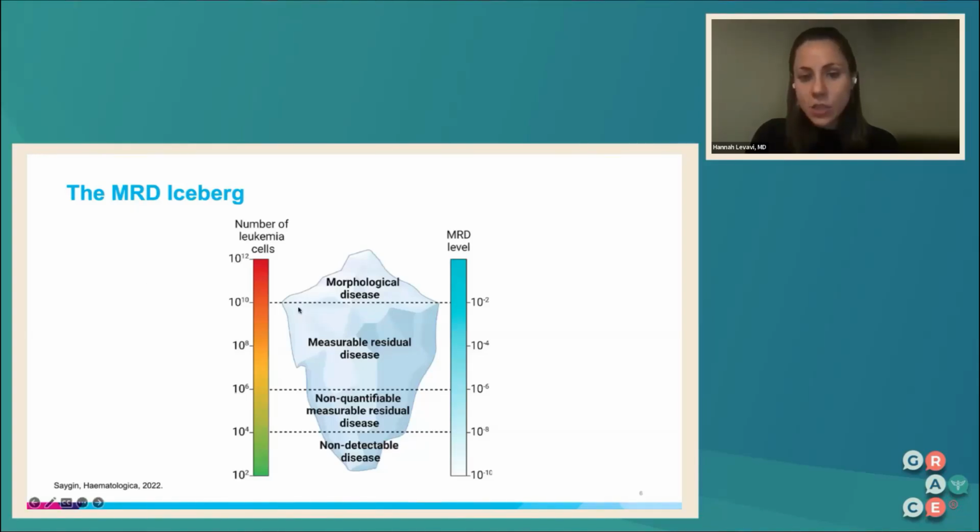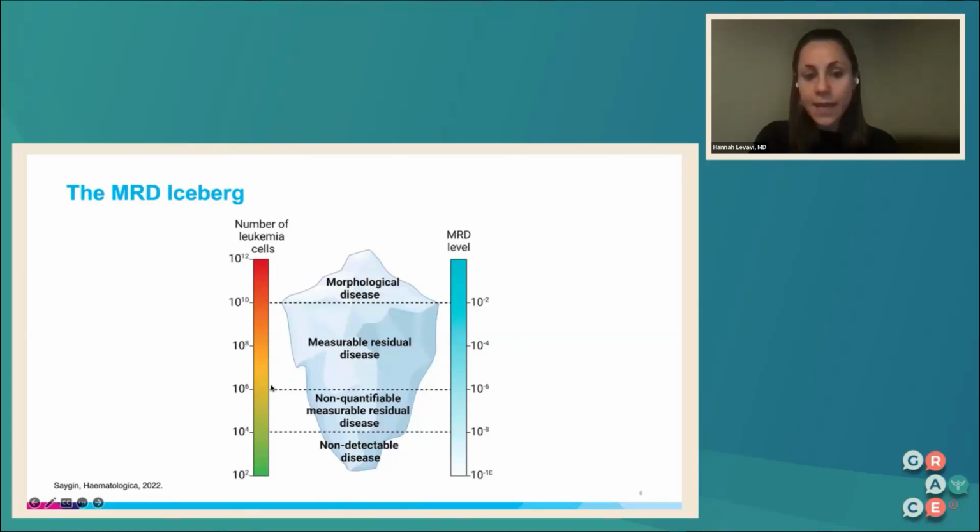Beneath the surface of the water, though, we now know that using those older methods is not sufficient to identify whether there is still disease left over. And beneath the water, we have this amount of disease that we call measurable residual disease, where even though older methods might not have shown leftover disease, our newer methods do show even very minute amounts of disease that are left over.